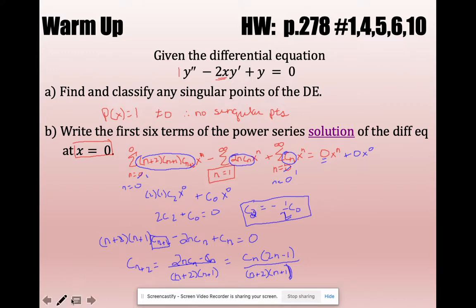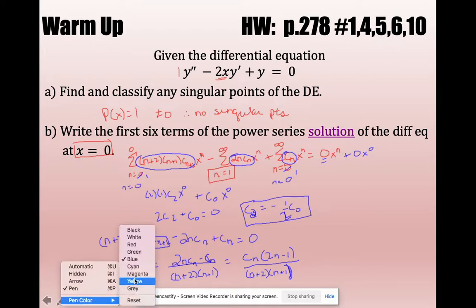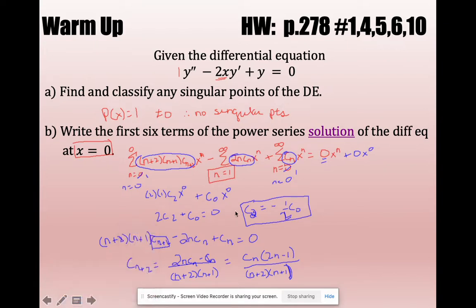So I don't need to start at n equals 0 because I already have my c sub 2 term. So I can now use this expression to start generating c sub 3. When n is equal to 1, that's going to generate c sub 3.